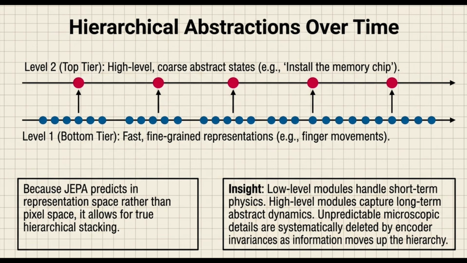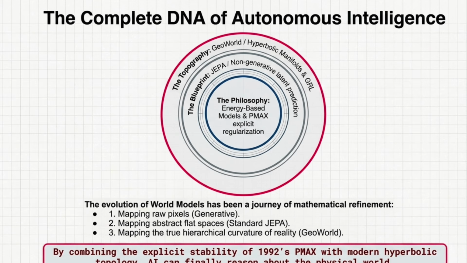So if we are now proving mathematically that hyperbolic space is the most efficient, stable way to encode that kind of reality in a neural network, could it be that human cognition is built the same way? Wait, really? Yeah. Are our own mental world models, our memories, our plans, our understanding of cause and effect physically encoded in the topology of our brains using non-Euclidean hyperbolic geometry?